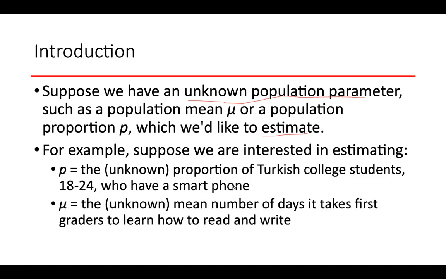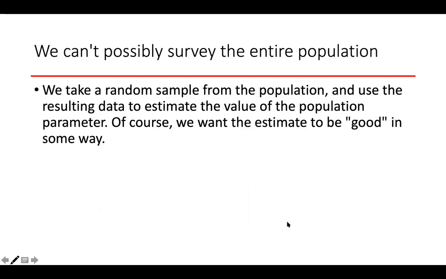Or, as educationists, we are trying to find the unknown mean number of days it takes first graders to learn how to read and write, okay? So we might be asking different questions about population proportion or population mean, and we would like to estimate them. What should we do for that?